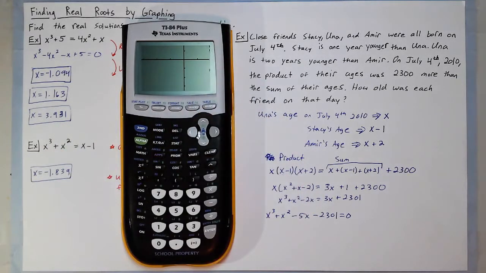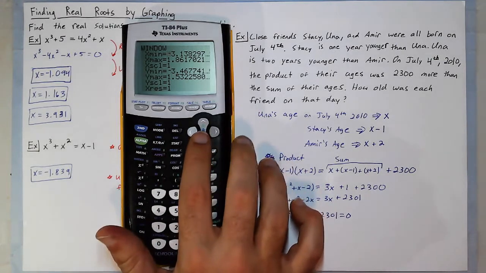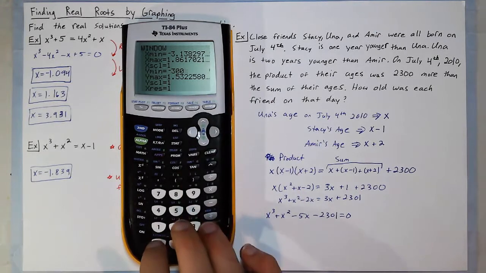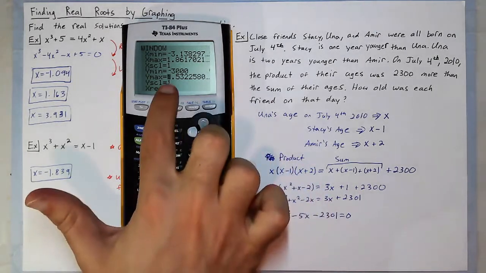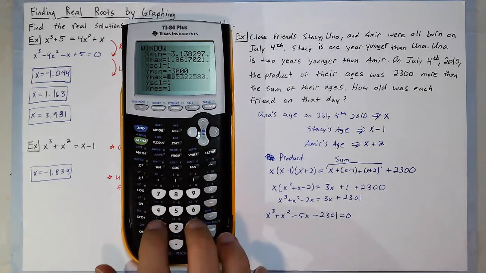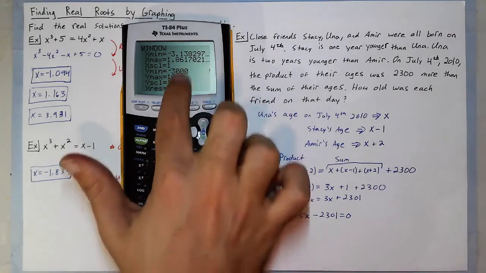I'm still zoomed in from the problem before, so I need to pick a different window, one that preferably goes as low as negative 2,301, since that's the y-intercept. So negative 3,000. And it needs to reach at least 0 so I can find that solution, so I'll go up to like 100 or 1,000 past. So it has a nice range for the y's.